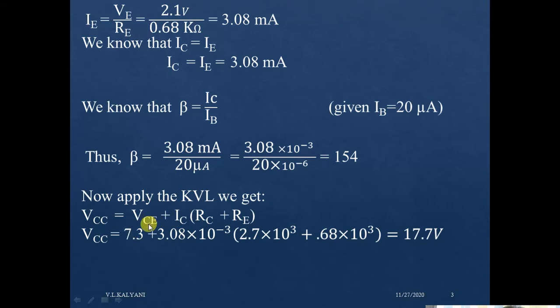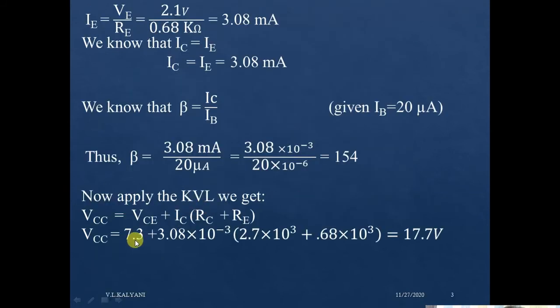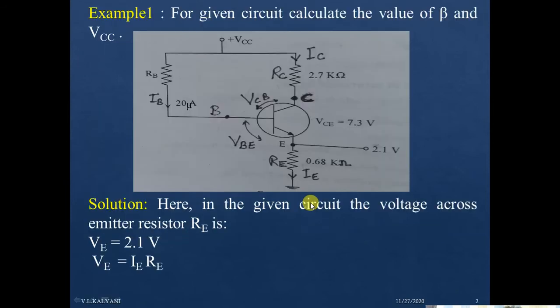Put the value of VCE, which is already given in the circuitry. This is equal to 7.3 volt. Now the next is the collector current. We have already calculated this. This is 3.08 milliampere. So put this value here, and similarly RC plus RE is already given in the circuitry.